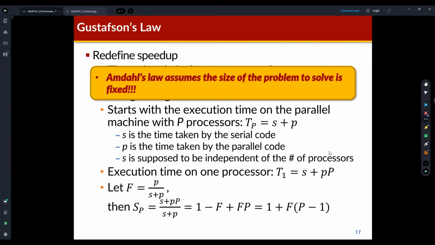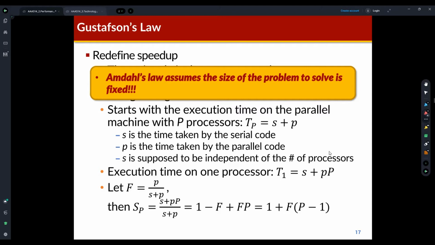So then Gustafson's law is true for this kind of system. So if you do research, then you need to apply some.